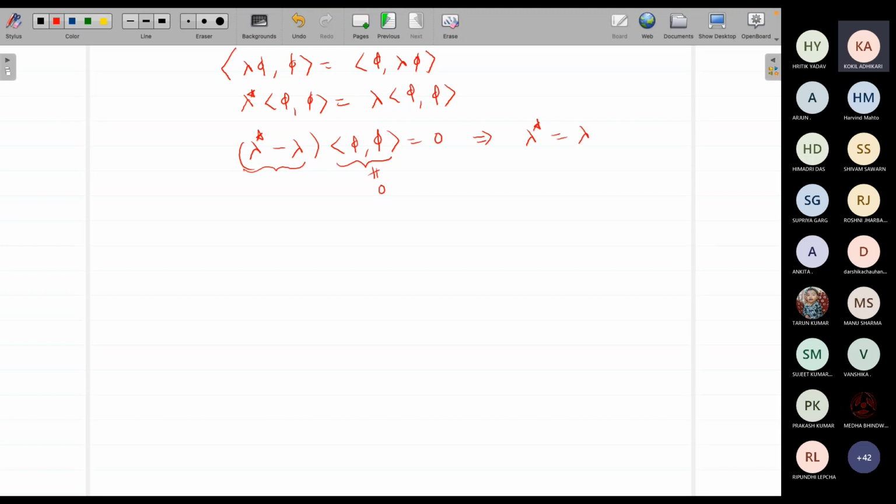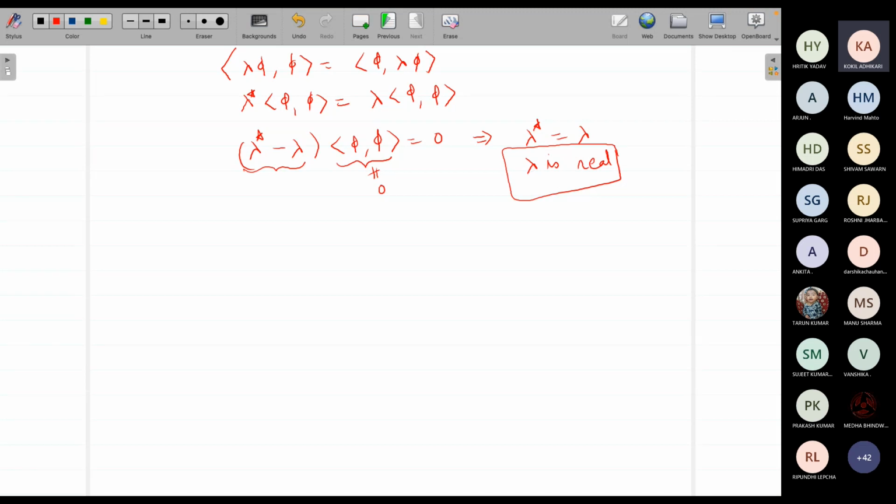That is, the complex conjugate of the eigenvalue is the same as the eigenvalue. But what does this mean? That lambda is real. So eigenvalues of the self-adjoint or Hermitian operators are real.